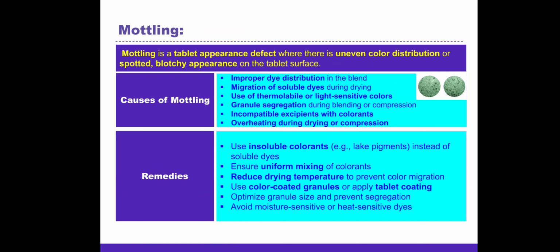Optimize granule size and prevent segregation. With optimization of drying we can avoid mottling. Then avoid moisture sensitive or heat sensitive dyes, as they may show the mottling effect due to improper distribution.